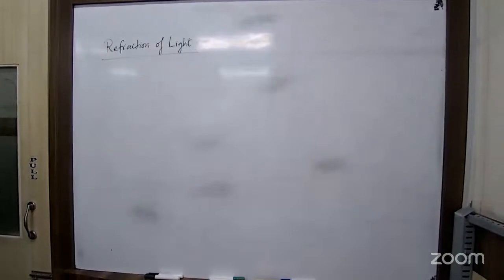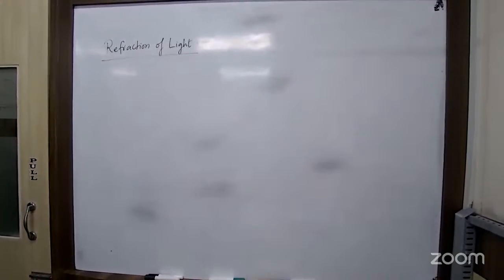I think you have studied refraction of light in your lower grades. What is the definition of refraction of light? The direction of light changes. Whenever light travels from one transparent medium to another transparent medium, the direction of its path changes in the second medium. This phenomenon is called refraction of light.